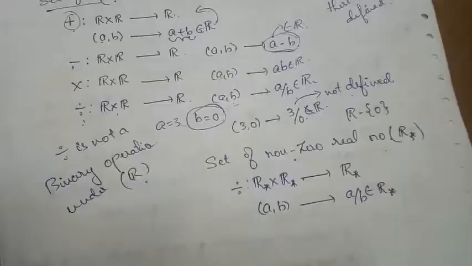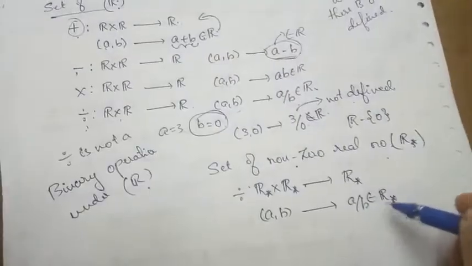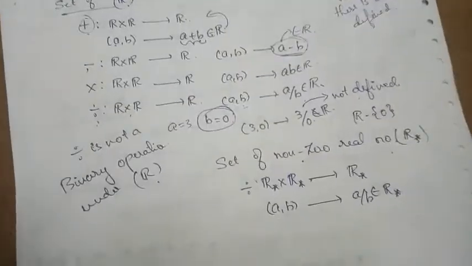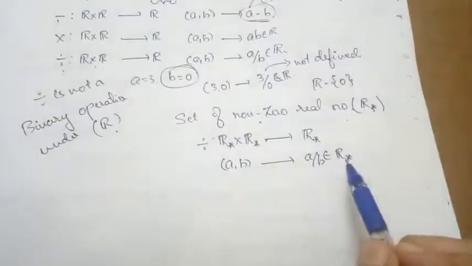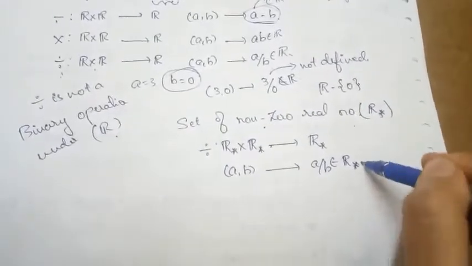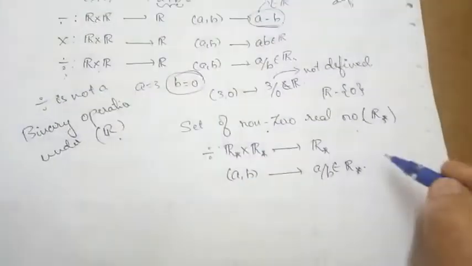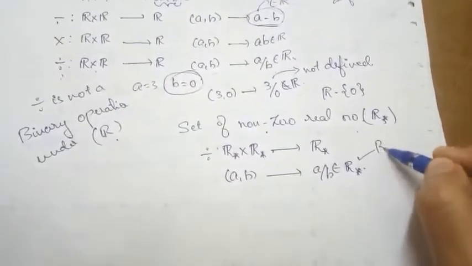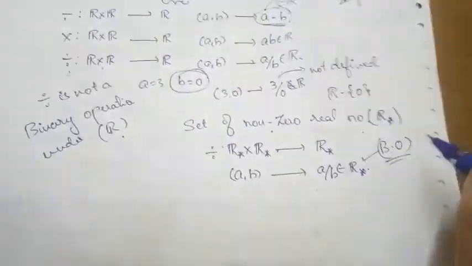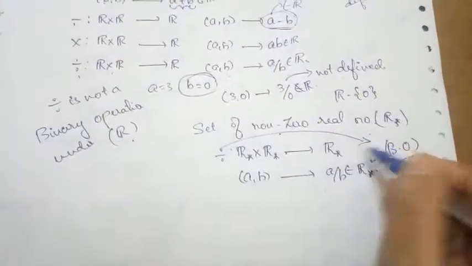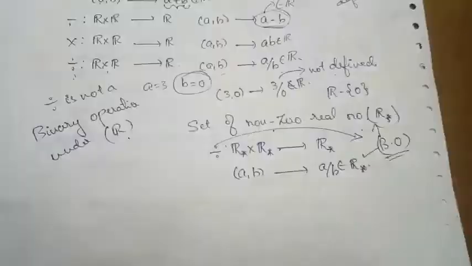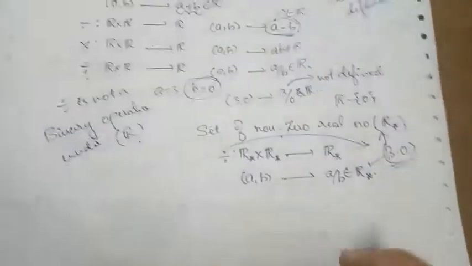Here b can not possibly become 0, because from the set we have removed the 0 itself. So at that time a by b belongs to the set of non-zero real numbers, and it is a binary operation. Here division is a binary operation on the set of non-zero real numbers.